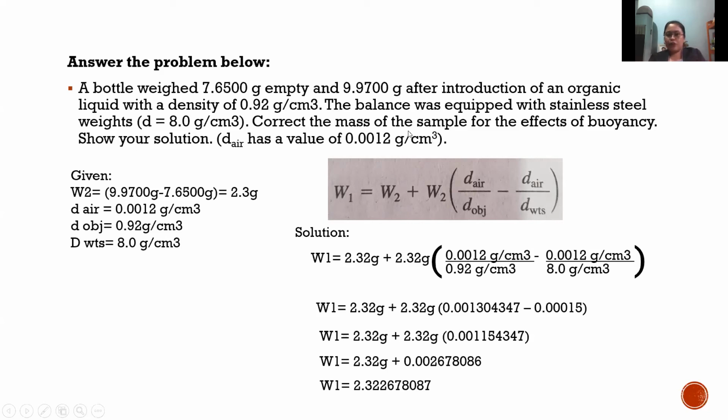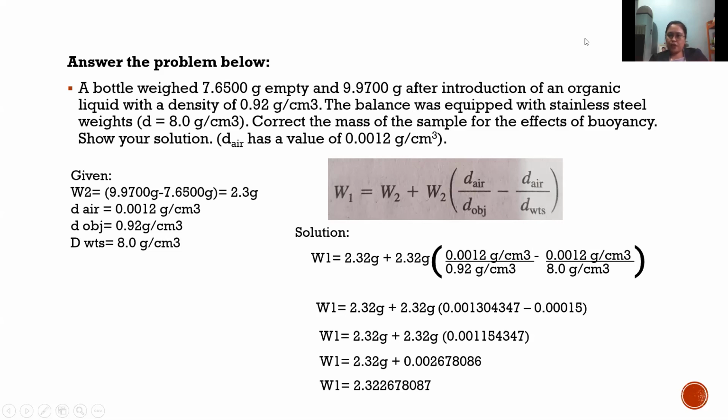So you can see the difference in their densities. Therefore, we really have to correct the mass of the sample for the effects of buoyancy using this formula. Again, the density of air is constant. Now, question, where did 2.32 come from? It is not in the given: 7.65, 9.97, 0.92, 8.0, 0.0012.